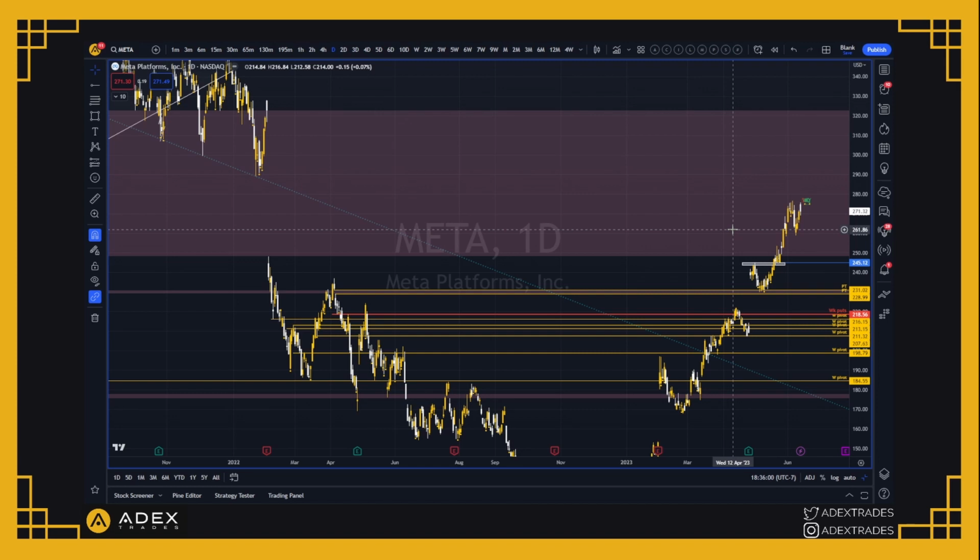You don't know when it's going to get filled, and this goes back into the notion of price discovery. Right now we're in this gap, so we're in an imbalance. At any point, sellers can come in and hit this resistance, and then how long are they going to accumulate that position before taking it back up?